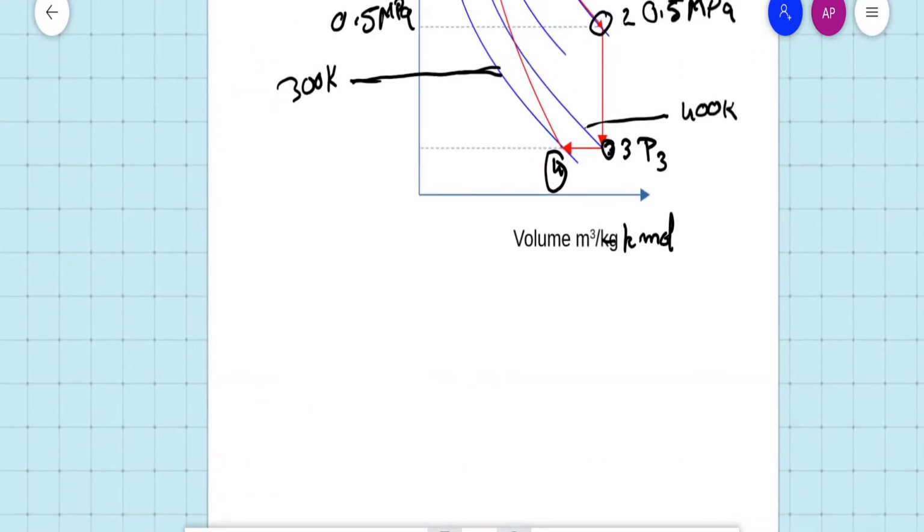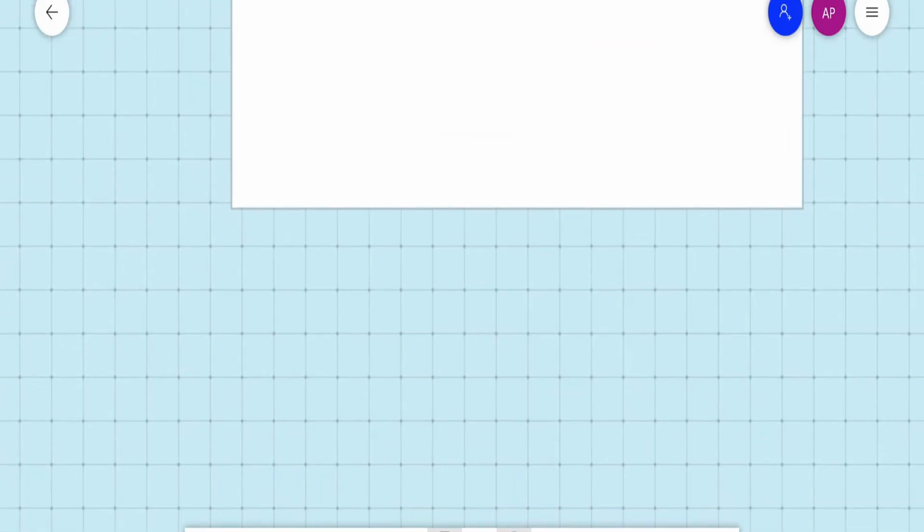First, we need to calculate P3. Now, we know that from ideal gas law, P3 upon T3 is equal to P2 upon T2.